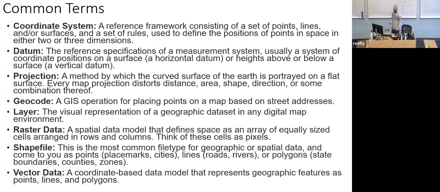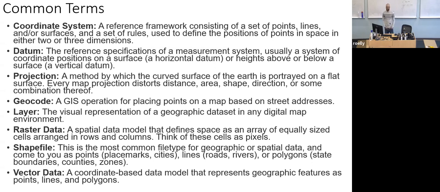And then we'll talk about this further in the presentation, but the two main different kinds of data is we have raster data and vector data. Raster data is a grid. If you take a picture and that picture is a bunch of pixels, that is essentially raster data. So we have this grid that is full of cells. Each cell only has one value, and that is our raster data.